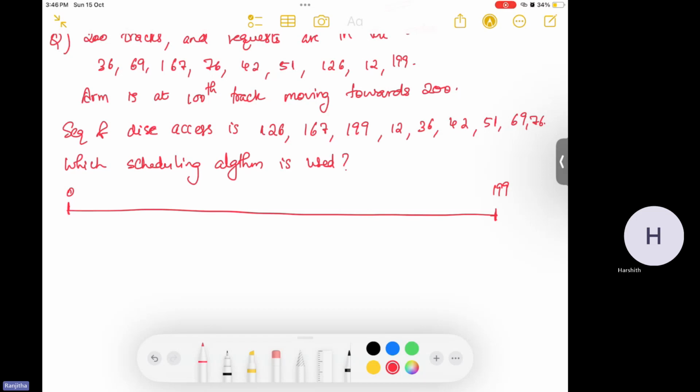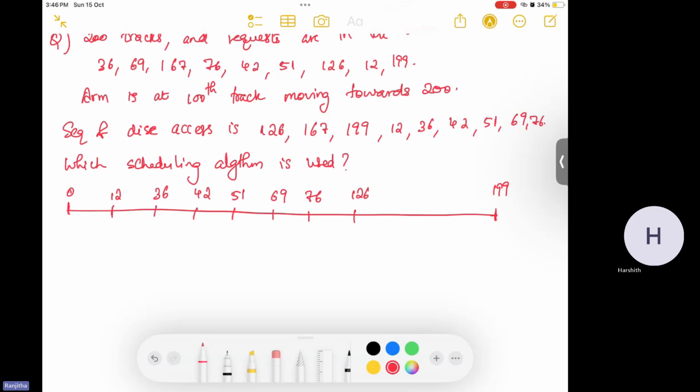Let's write them down in increasing order. 12 we have, 36, then 42, then 51, 69, 76, 100.